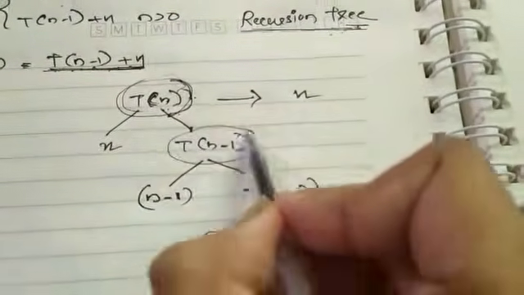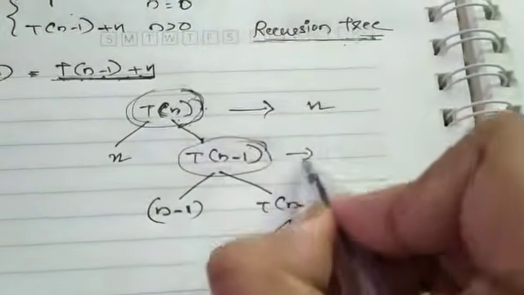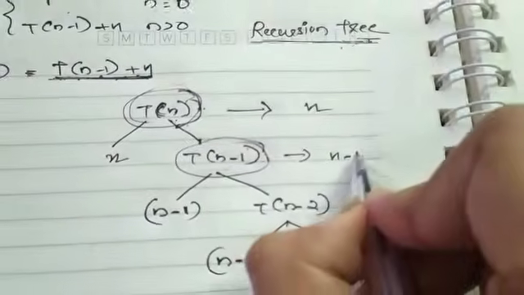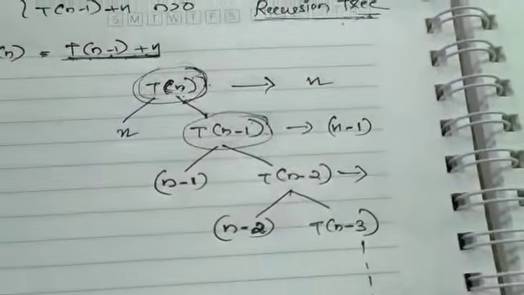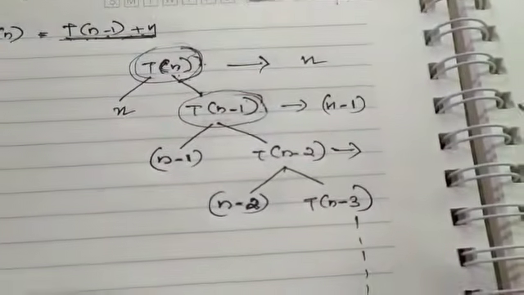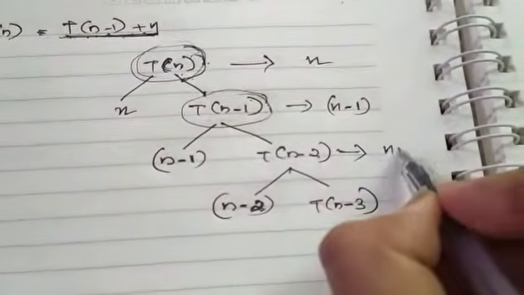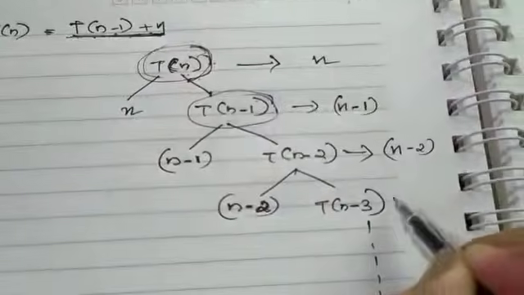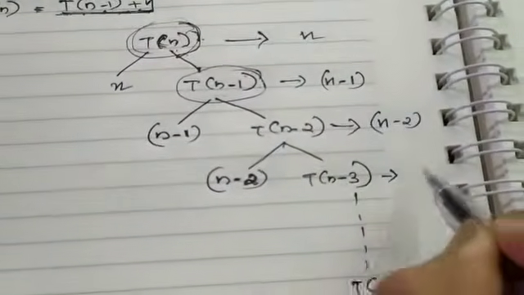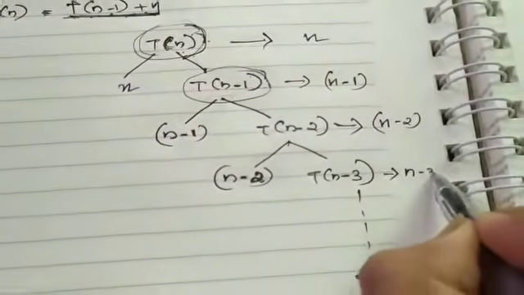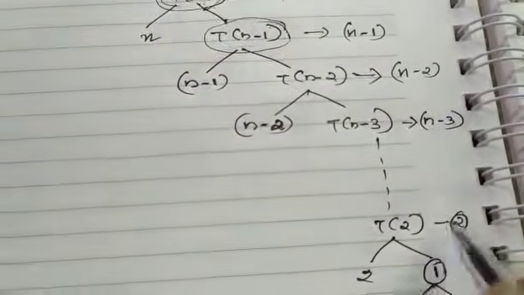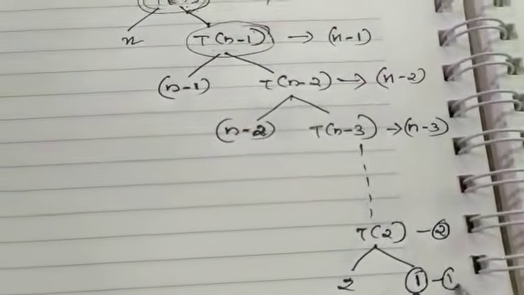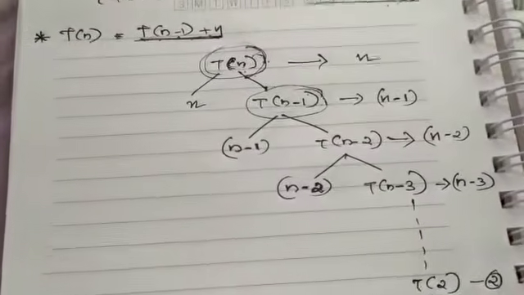And what about this T(n-1)? It will take n-1 times. And what about this T(n-2)? It will take n-2 times to execute, and in the case of T(n-3), it will take n-3 times to execute, and for 2 it will take 2 times, and for 1 it will take 1 time.